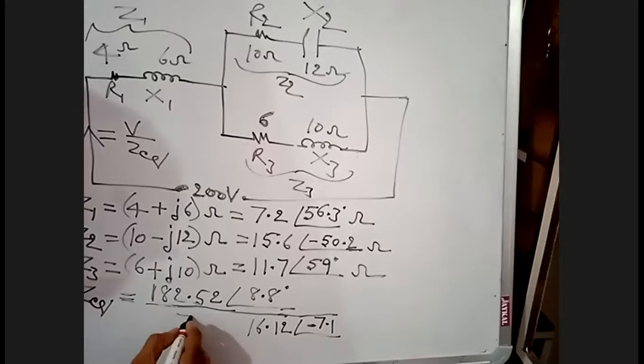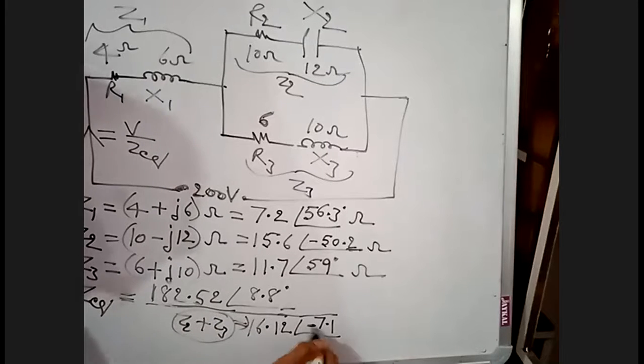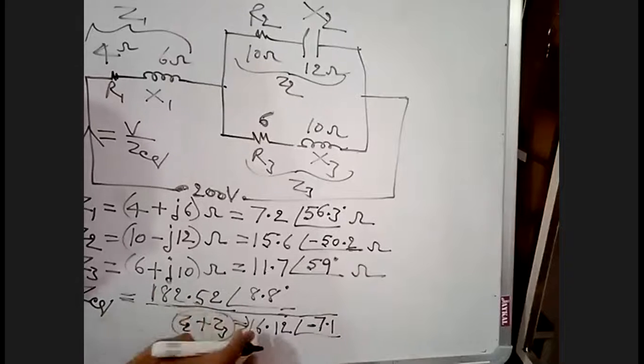This is the value of Z2 plus Z3. Now divide the values: 182.52 divided by 16.12. Are you getting 17.5?